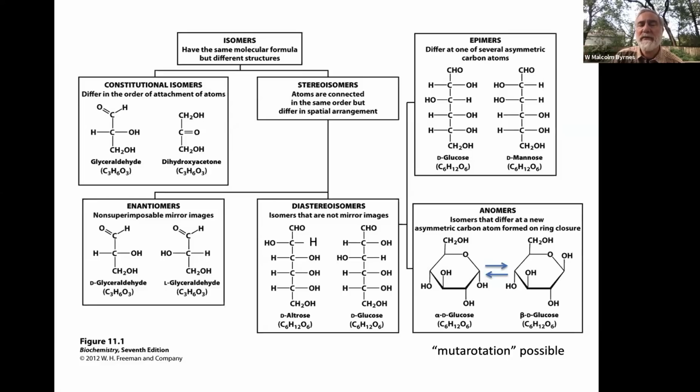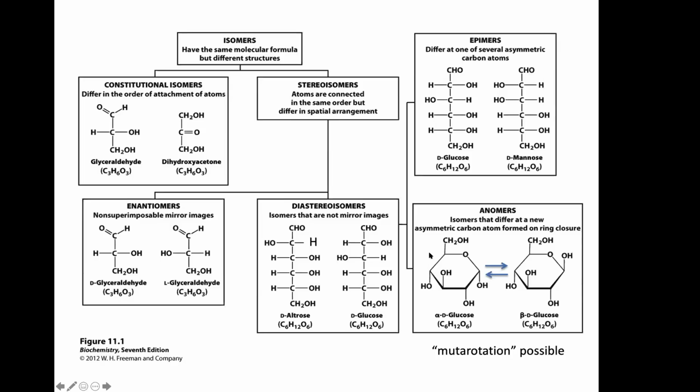And then you go down from there. And that follows the convention of the Fischer diagram, where the aldehyde is at the top and the CH2OH is at the bottom, and that's the orientation. Of course, if you flipped it, everything would be different, right? So you have to have a certain orientation to talk about the OH group on the penultimate carbon being to the right or to the left. Does that help? Yes, thank you.